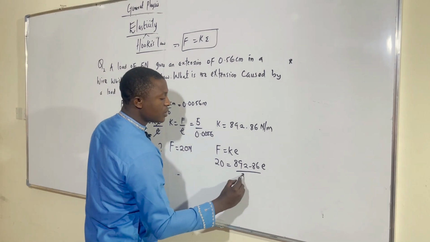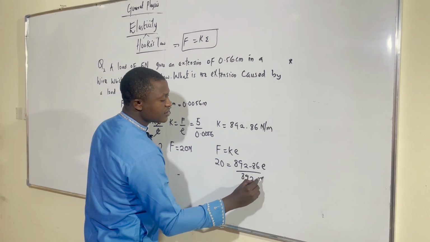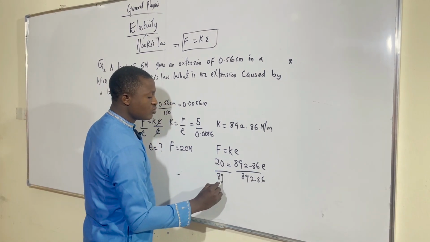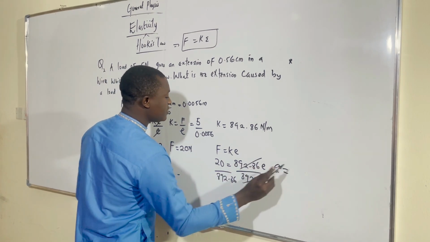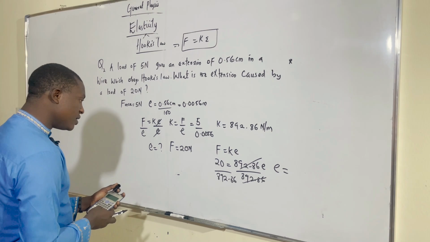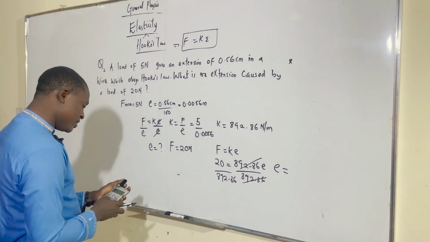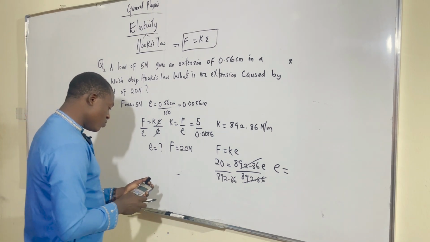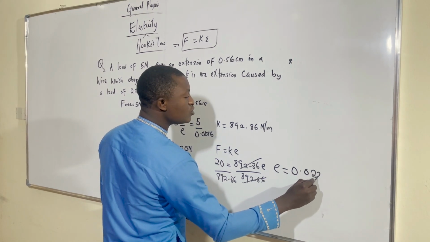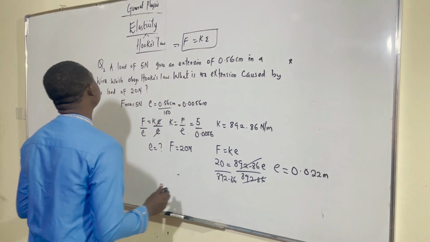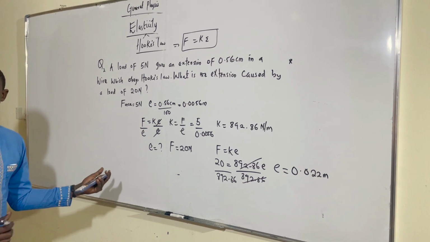Then divide all through by 892.86. If this cancels this out, we have extension to be 20 divided by 892.86. So what we have here is 0.022 meter. So you can see how we normally have it.